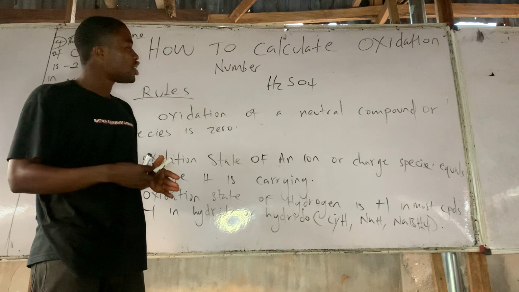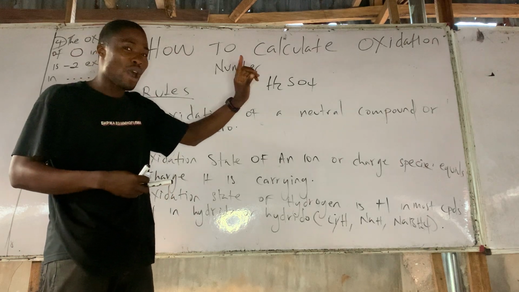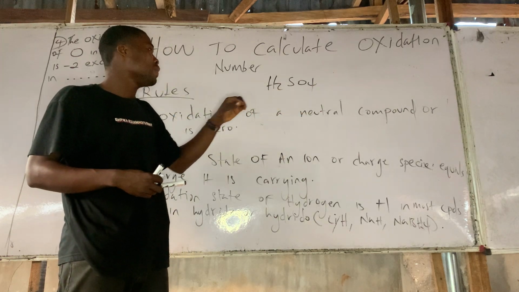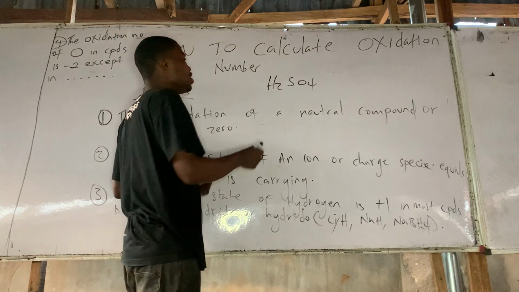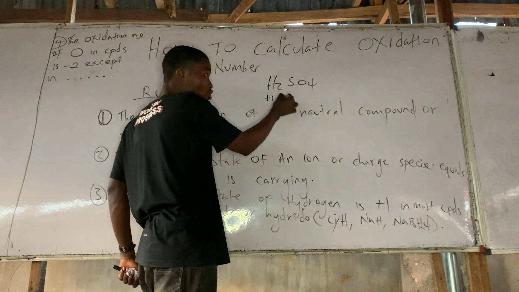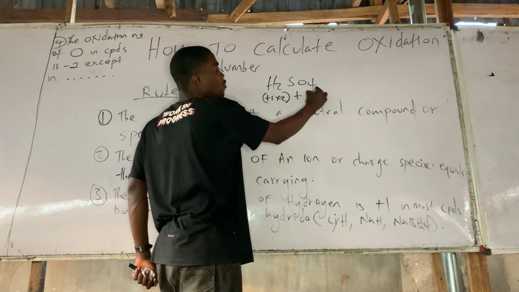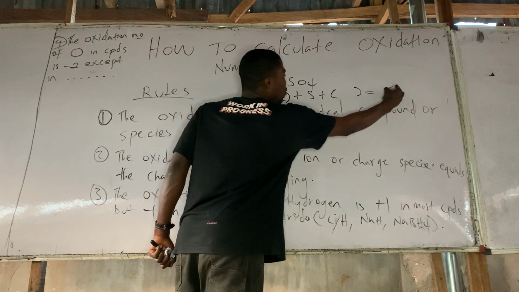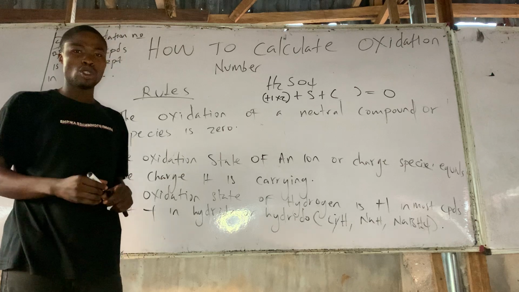What is the oxidation state of hydrogen in H2SO4? It's going to be +1. Why? Because hydrogen is not ending the compound; in this case, hydrogen is starting the compound. So the oxidation state of hydrogen will be +1, and there are 2 of it, so times 2. Maybe we are asked to look for sulfur. Then we can have that of oxygen. Then everything should be equal to 0 because the compound is not charged.